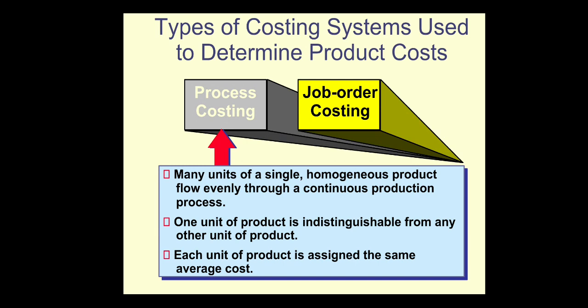So the product that they produce, maybe thousands or millions of units, is indistinguishable, the same. We will see several examples of businesses that should use process costing in the next slide. And the third point that you can see here is that each unit of product is assigned the same average cost.